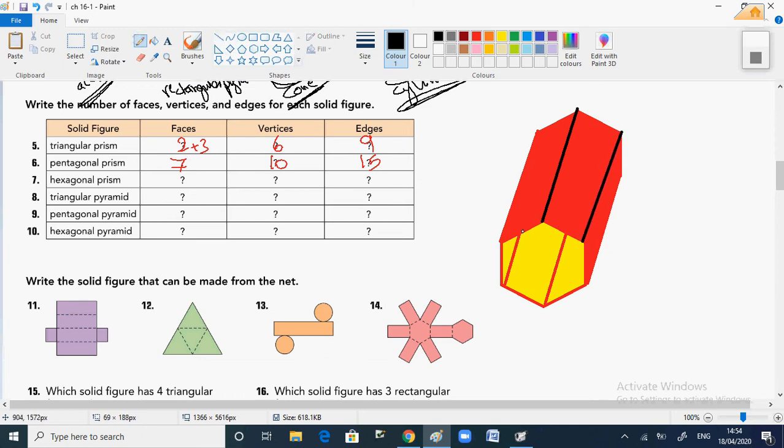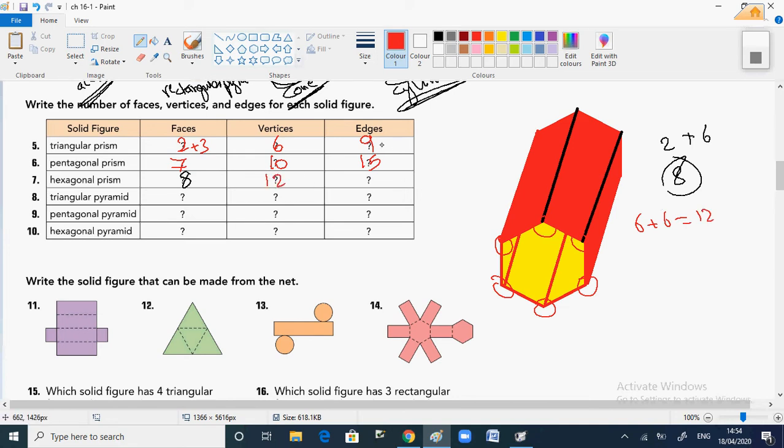I have 1 base up, 1 base down, 2. And I have 6 faces. That means I have 8 faces in all, right? And look, if I want to count how many vertices, again, the base has 6 sides, that means 6 corners. 1, 2, 3, 4, 5, 6. 6 up, 6 down, that means 12.